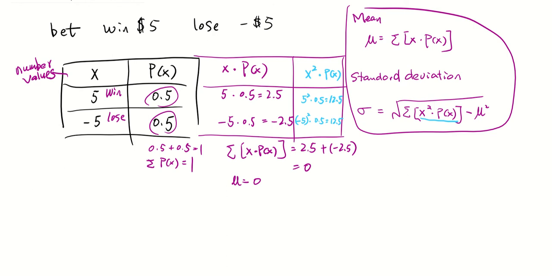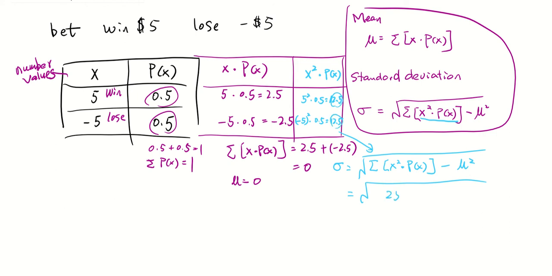Okay, so now we want to find the square root of the sum of x squared times p of x minus mu squared. Let me write the whole formula. To sum up all the x squared times p of x, you have 12.5 plus 12.5, that's 25.